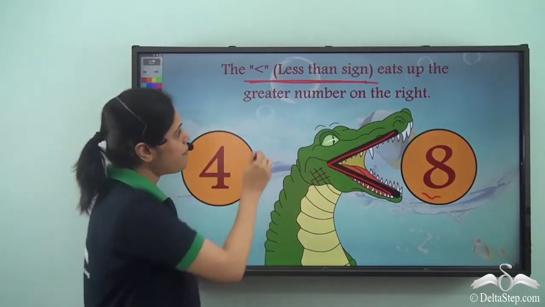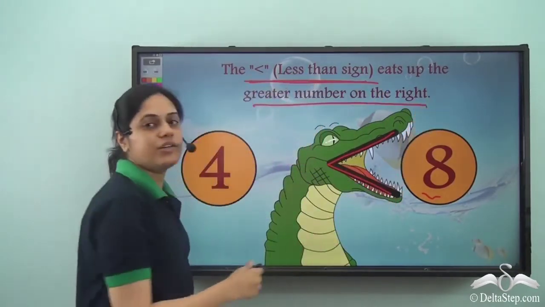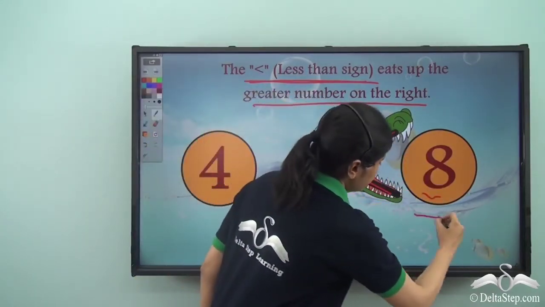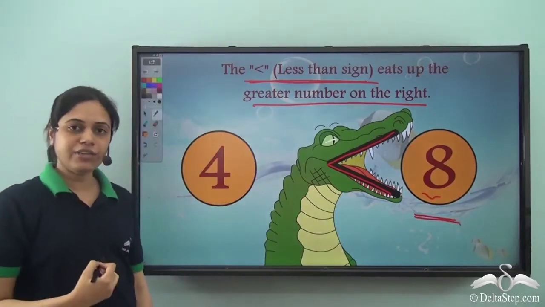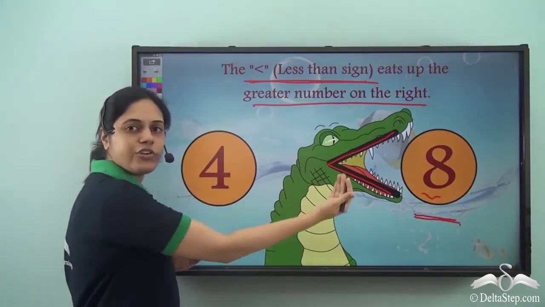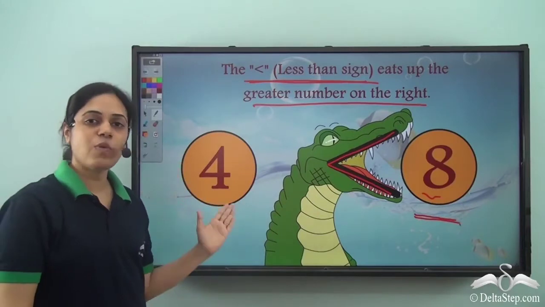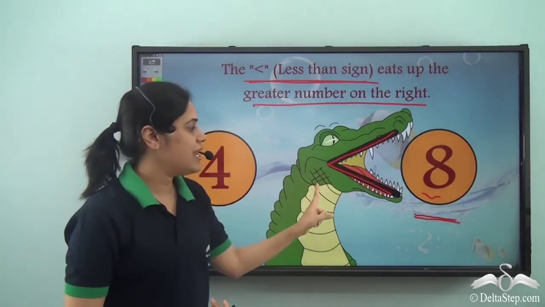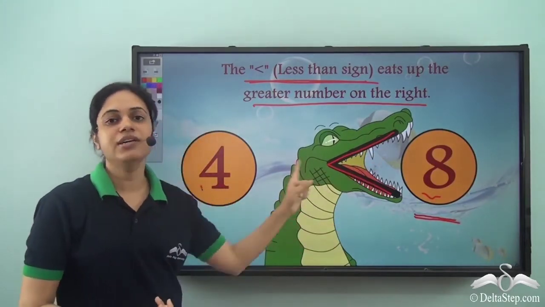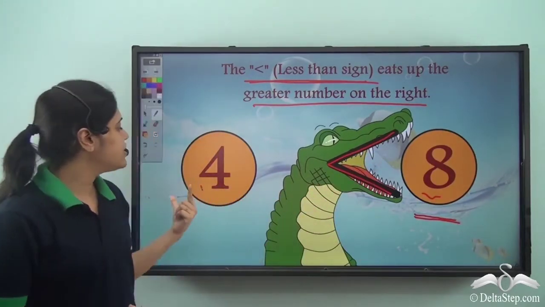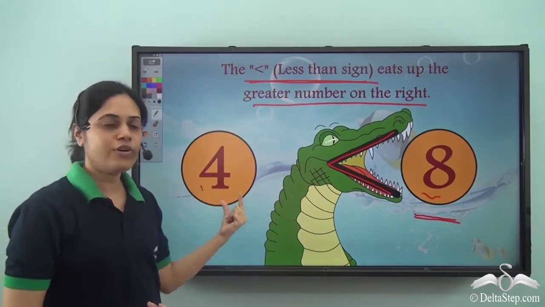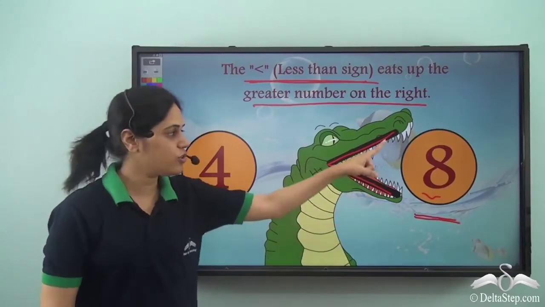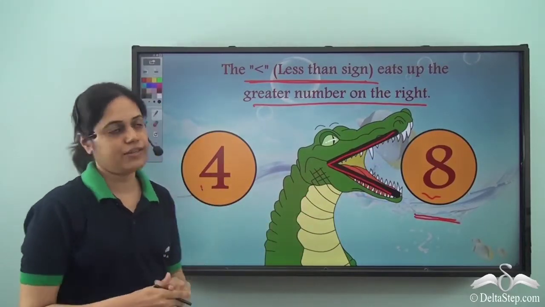And it eats up the greater number on the right. So this is your right. So 8 is the greater number which is on your right. 4 is the smaller number which is on your left. So we use the less than sign. This sign is called the less than sign because this is read as 4 less than 8. So this is the less than sign.